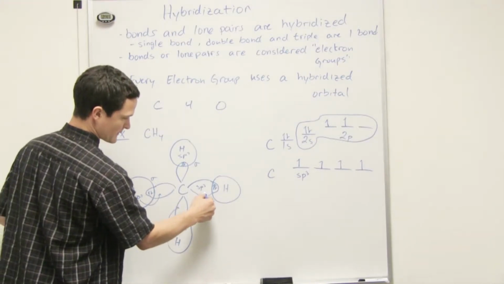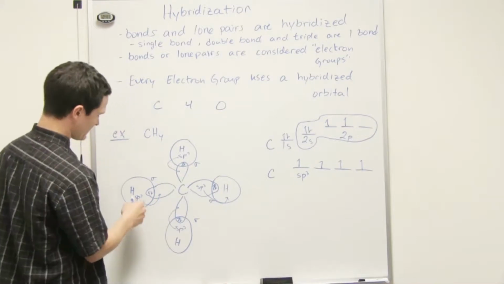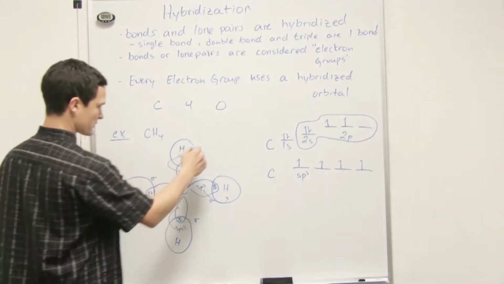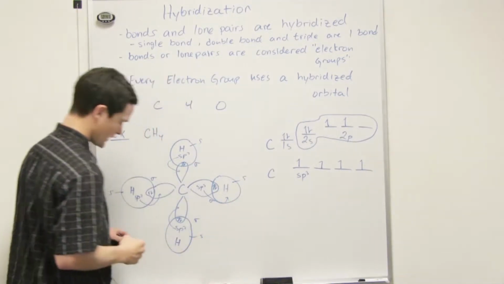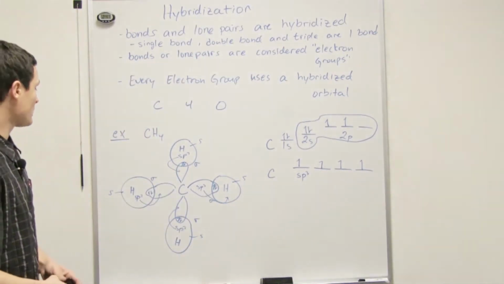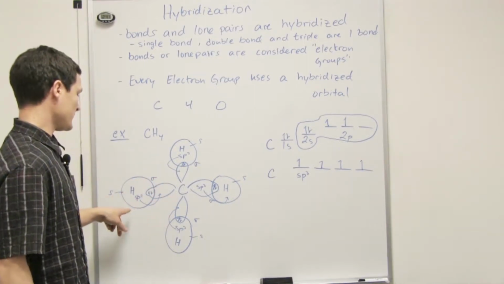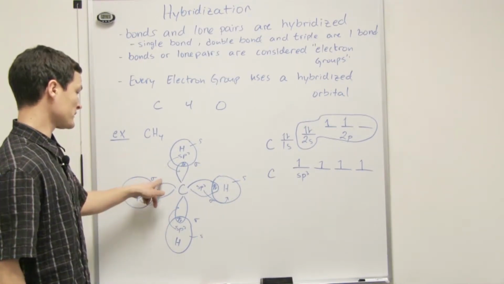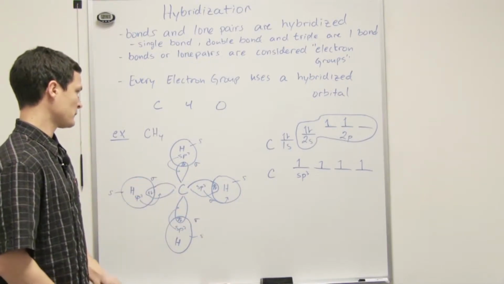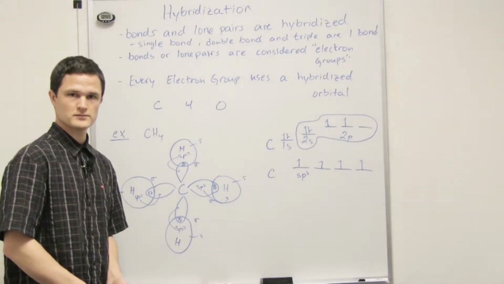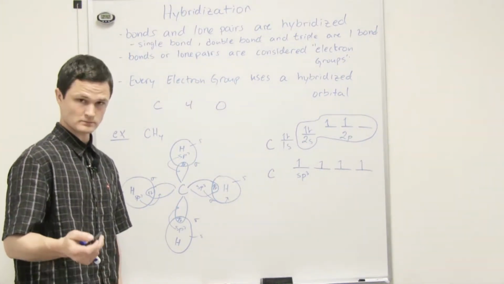These are the sp3 hybridized orbitals right here, and these are the s orbitals from hydrogen. And so what we see is this tetrahedral type shape, and all of the bonds that we see in this case are sigma. And we will do another example to show how we get some pi bonds going on.